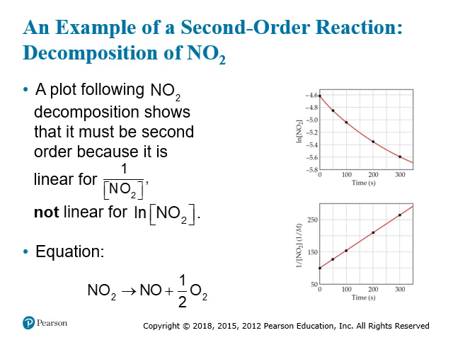So that suggests that by plotting the natural log versus time, we do not have a first order reaction. Instead, by plotting 1 over the concentration with respect to time, we do see a linear trend, and that line does point upward. So this is evidence that this reaction is indeed a second order reaction.